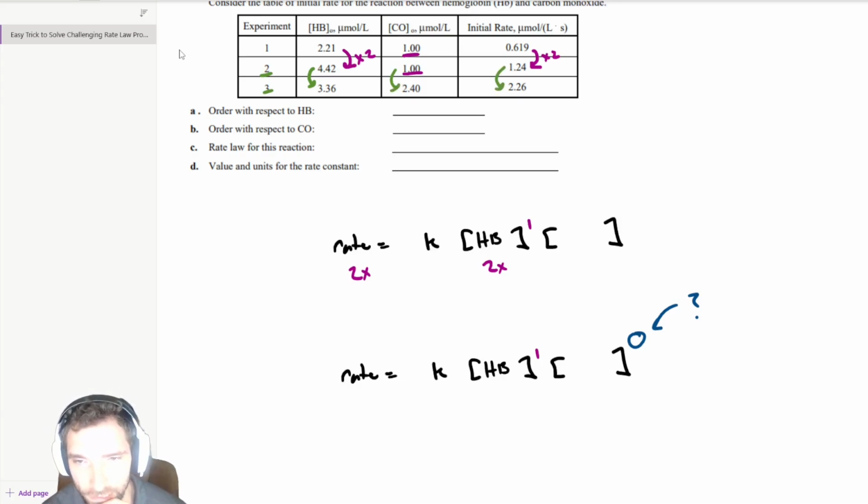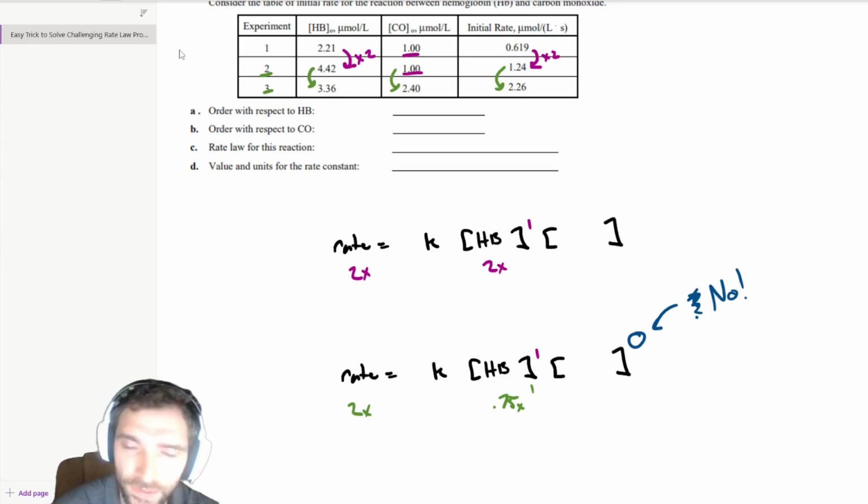If we are looking at the HB, it looks like the change is that it goes down like 75%, and that is not the case with the rate law. It looks like it's going up by about 50%, like 2 times overall. So whatever this is, it can't be up to the 0 power.